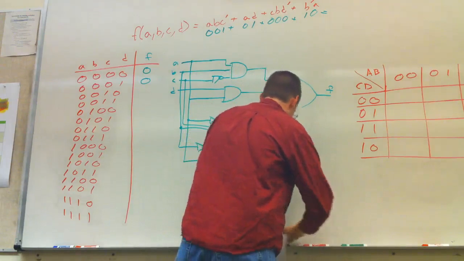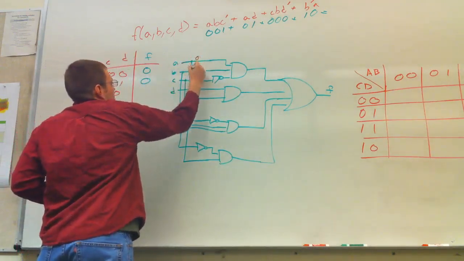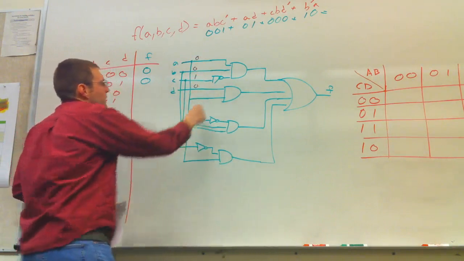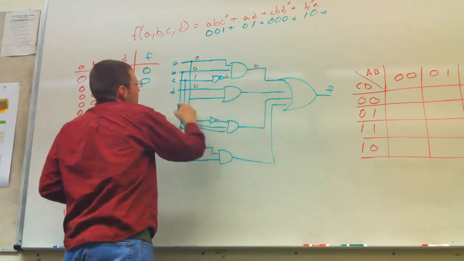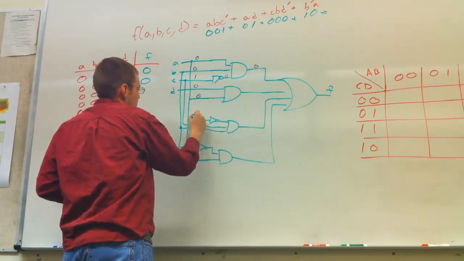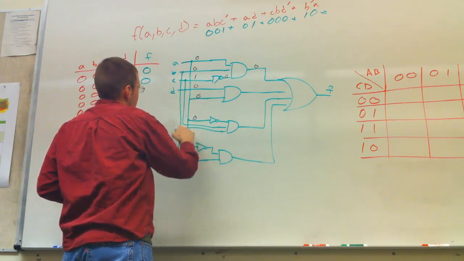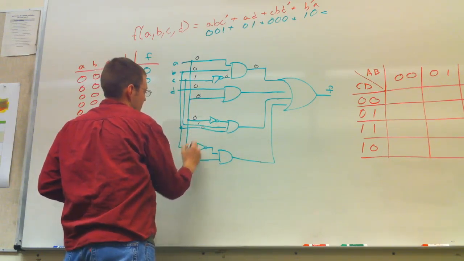And we can do 0, 0, 1, 0. We go through inside of 0, 0 and 0 and 0. 0, 0, 1, 0.